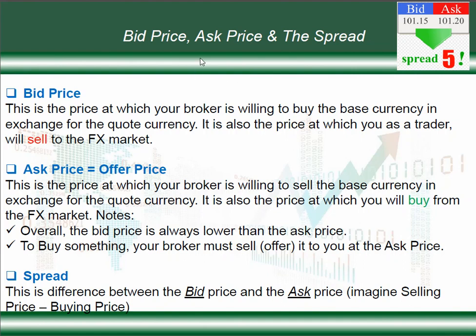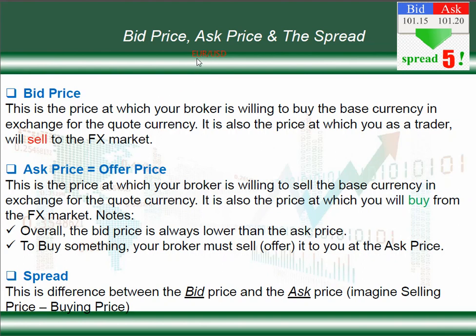Let me get a Euro USD somewhere here. Okay. So you want to trade Euro USD. So for you to buy a Euro, it means you are going to sell a USD. Remember, we are always buying and selling at the same time. You buy the base currency, you sell the other one, quote currency, and vice versa.